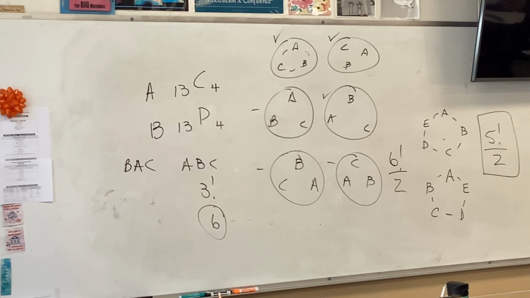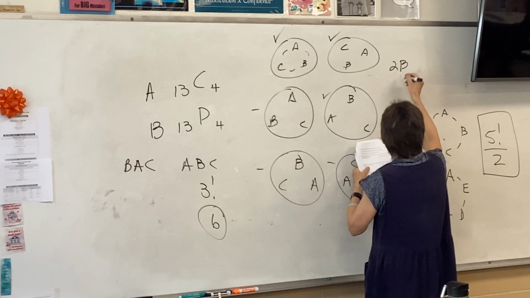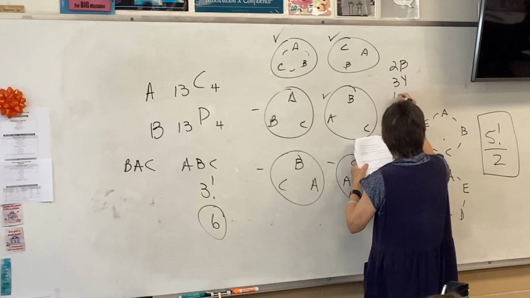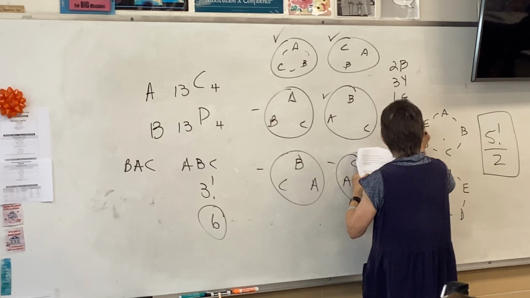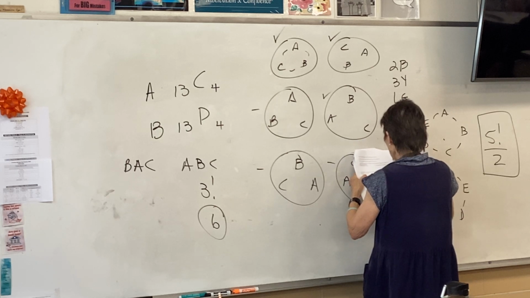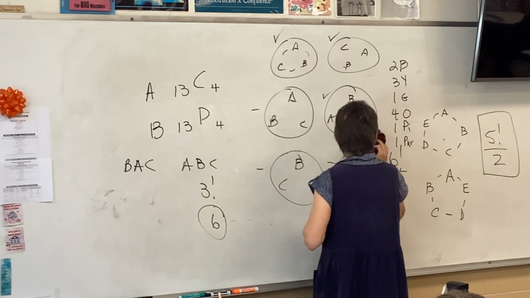Yes. All right, now we're going to put it all together. Lord help us, number 32. Now we have 2 blue, 3 yellow, 1 green, 4 orange, 1 pink, 1 purple, and the beads of each color are alike.